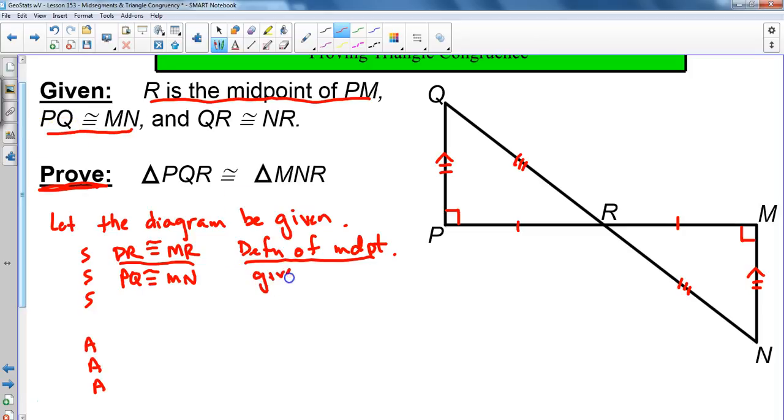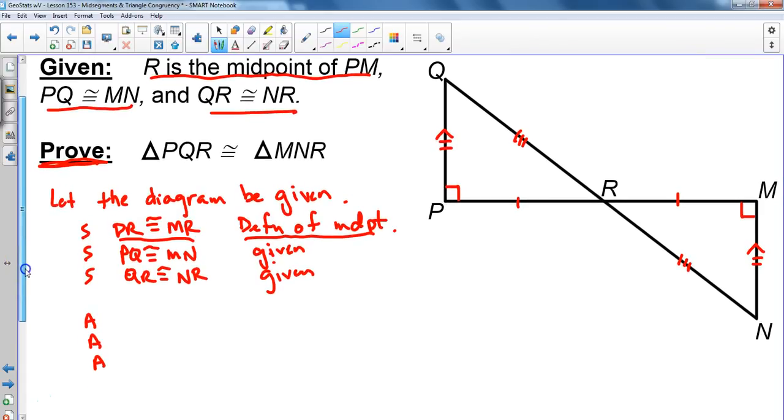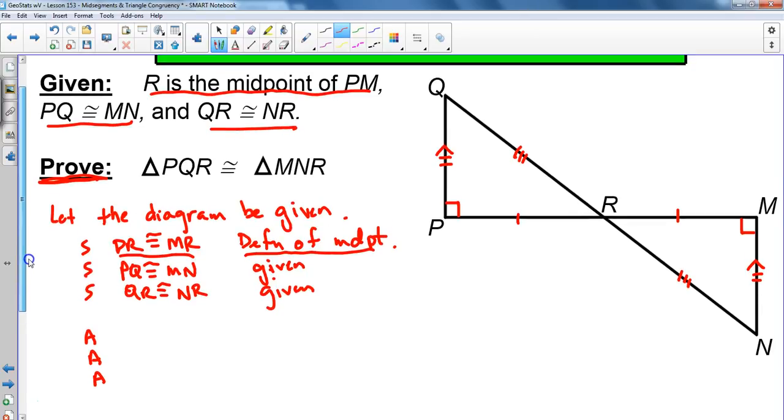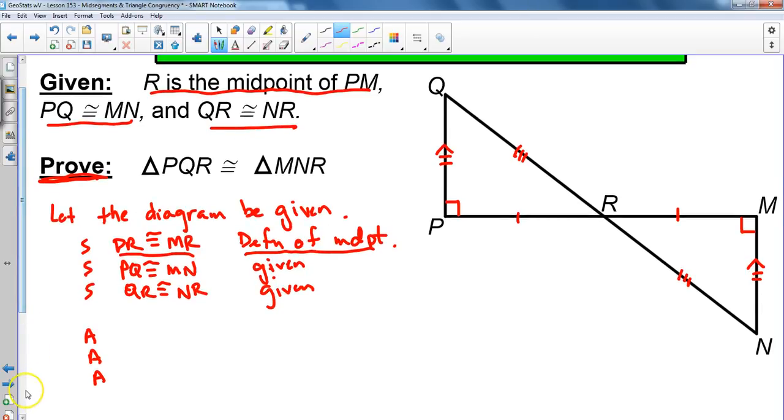That gave us that information. Third one is QR is congruent to NR. And again, that was given information. So a lot of times you're just going to be given this information flat out, that particular segments, corresponding segments, or corresponding angles are congruent.